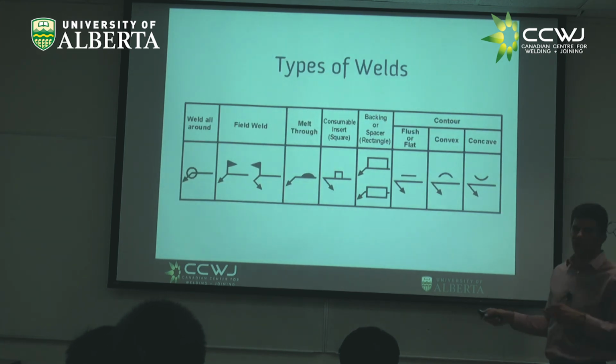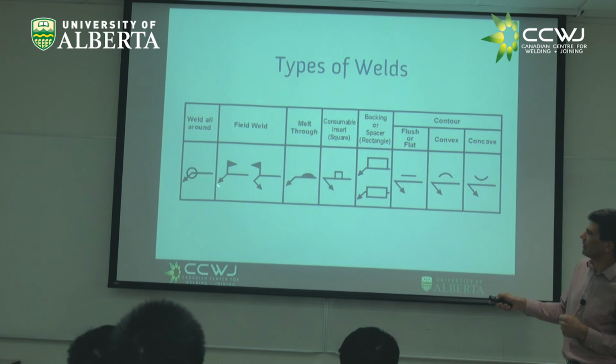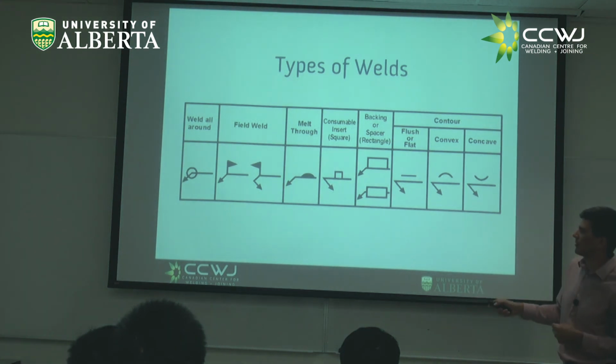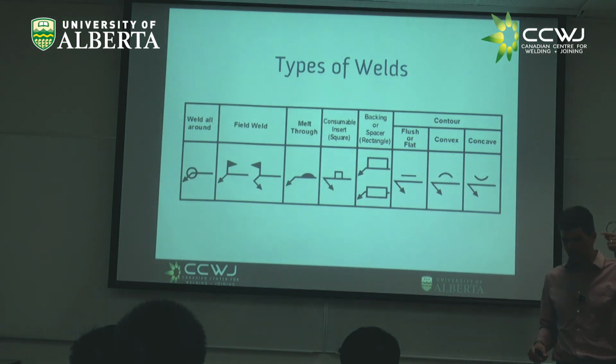More symbols. Remember the first thing I showed you had this symbol of a welder all around. It's fairly easy to remember, other than you just have to always do the mind twister that what is this side in reality is the other side. But the flag means field weld.